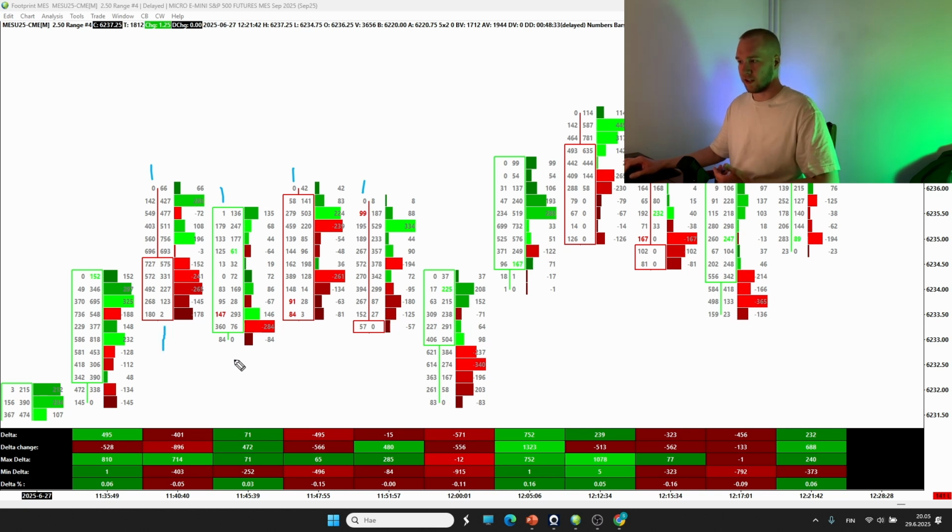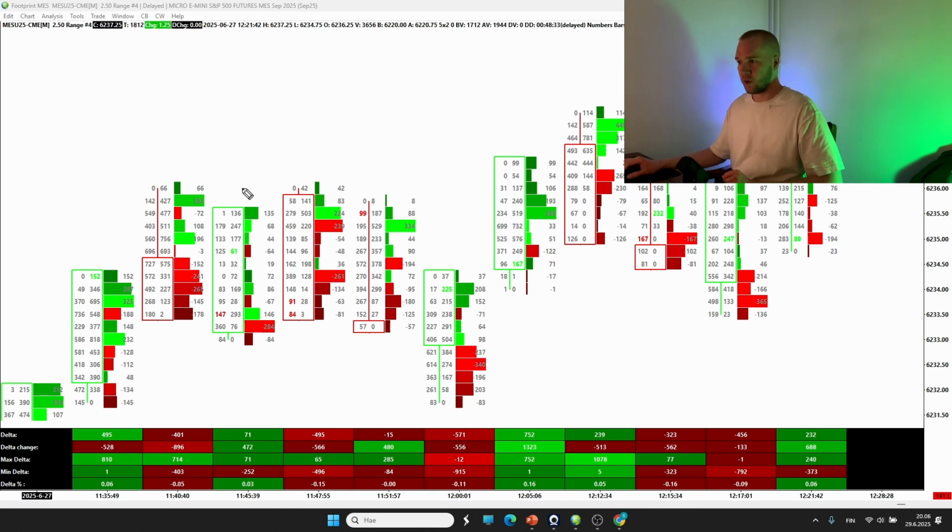And every right number you see, those are the buyers. This is standard to every single footprint chart. Typically every footprint chart is bid versus ask. You can make different types of footprint charts, for example a delta chart, where the numbers would mean different things, but this is a bid ask.